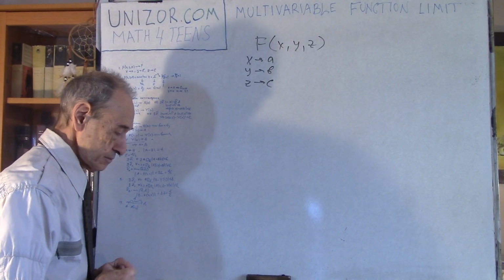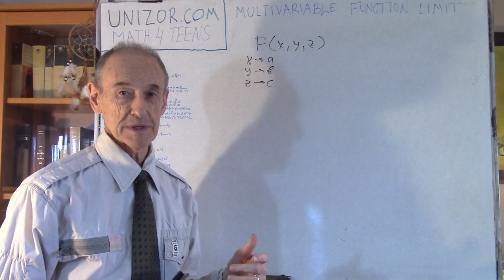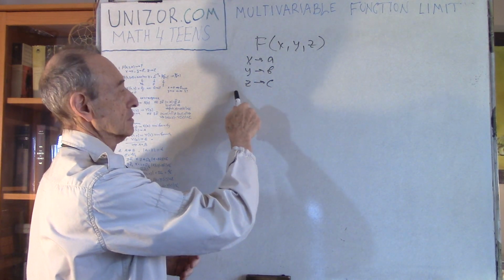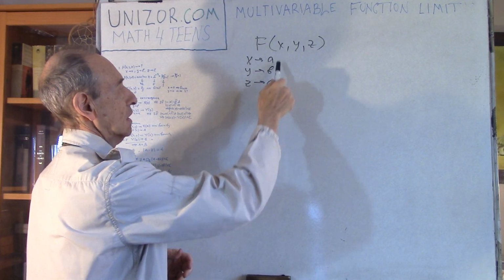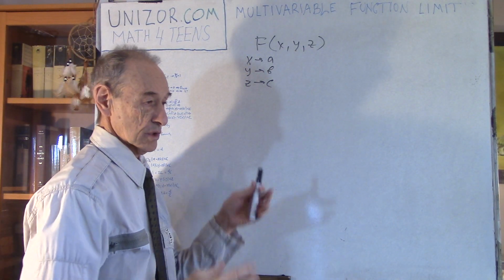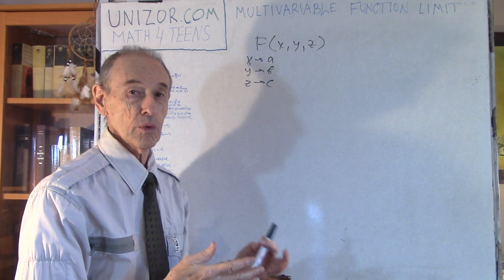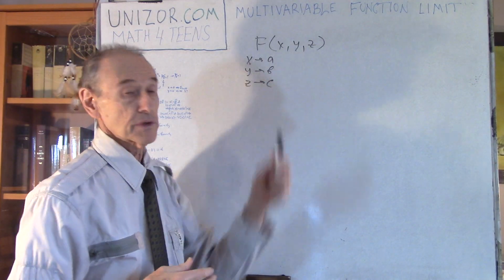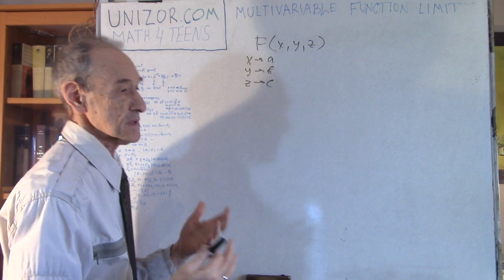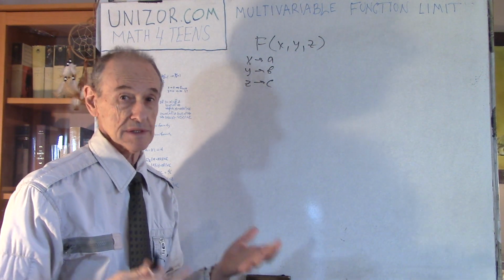Well, it depends how they go to their limits. There are different trajectories from some point in the space x, y, z to a point with coordinates a, b, and c. You can go this way, you can go that way, and depending on the way you go, you might have different results and different limits. So our purpose is to establish certain conditions when this limit does exist.